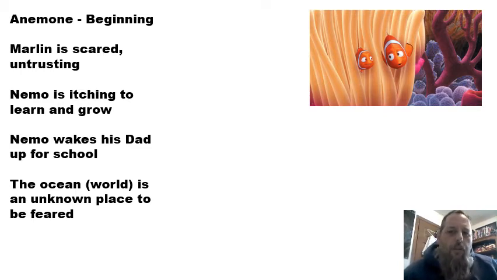The world can be a dangerous place, and so in the beginning at the anemone, he says, we swim out, we swim in, we swim out, look around. The world's a dangerous place. And Nemo wakes his dad up for school because Nemo's the adventurous one. In the beginning, the ocean is an unknown place that Marlin thinks should be feared.